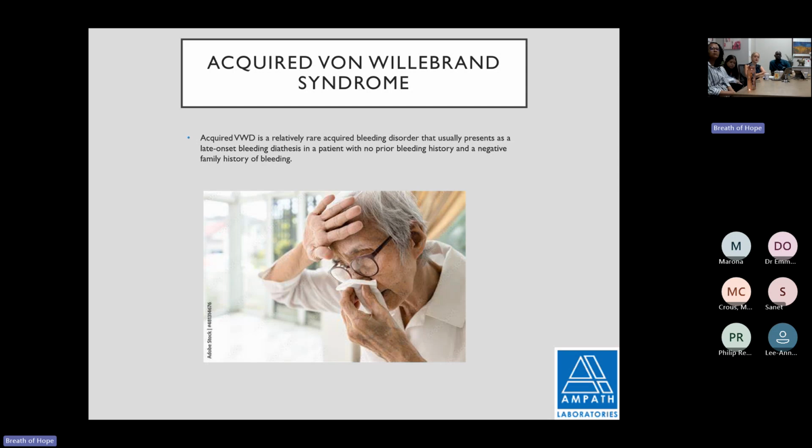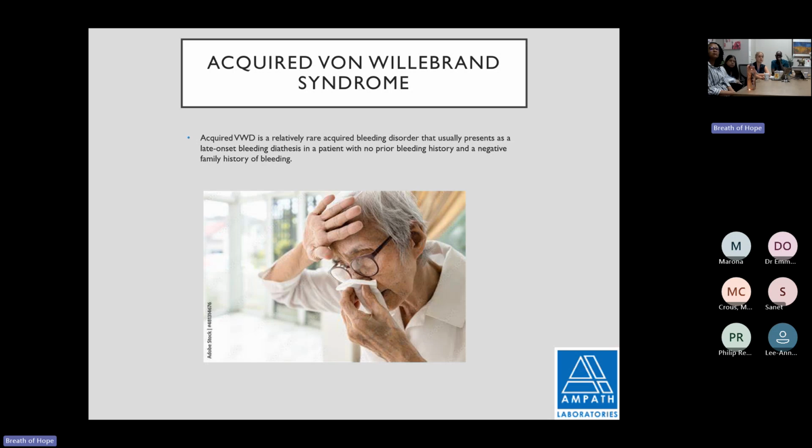Previously in his life, he had no problems with bleeding. And now all of a sudden he's maybe sick, being diagnosed with another malignancy or with multiple myeloma, or a patient with hypothyroidism. And when we did the von Willebrand screen, we detected it's abnormal. So this patient actually acquired von Willebrand disease.